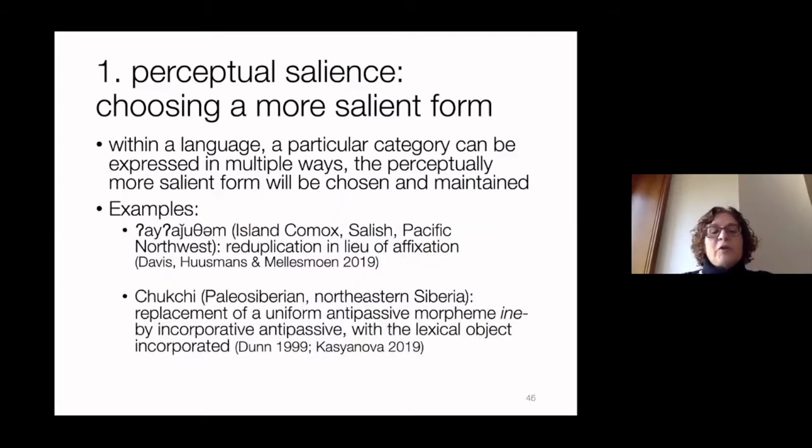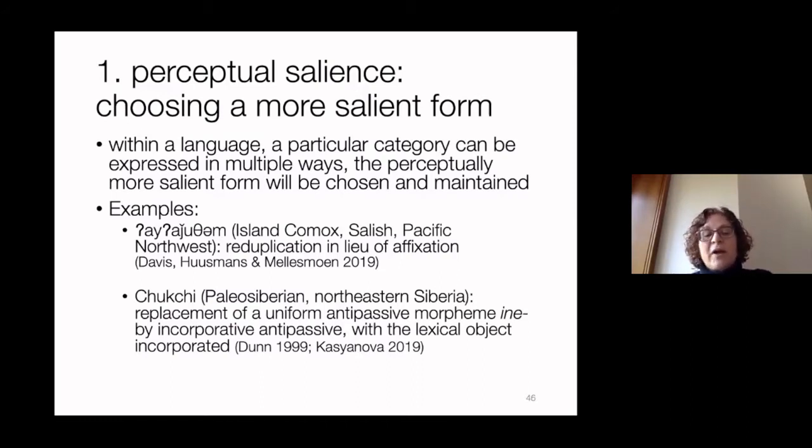Another example I want to give you comes from a language in Northeast Siberia, Chukchi, which used to have a uniform anti-passive morpheme. This morpheme, which wasn't very small, it was three segments, got replaced by incorporative anti-passive in heritage Chukchi.